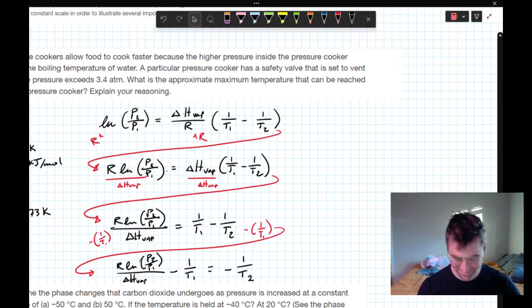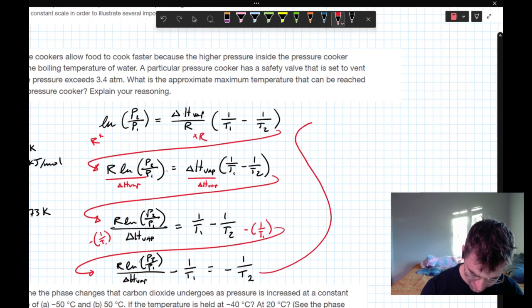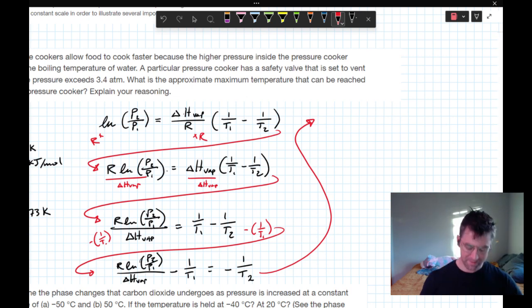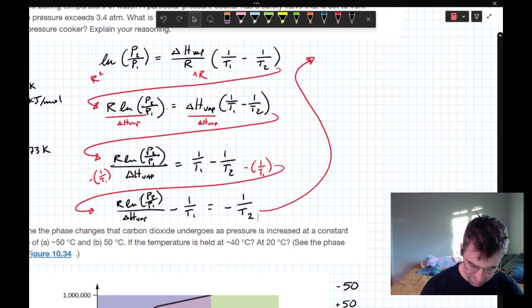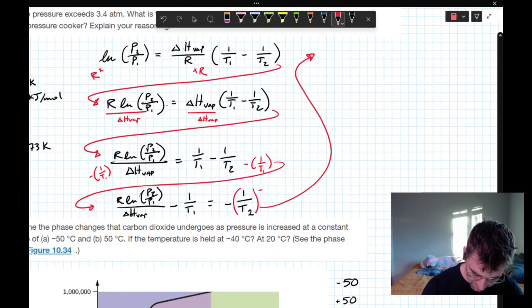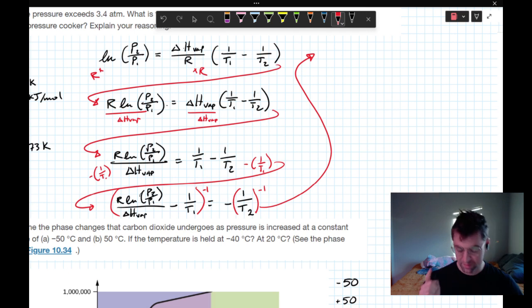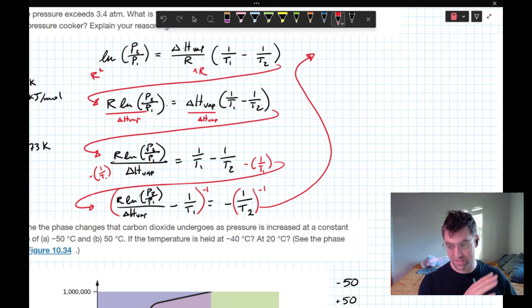We're almost there. To get the reciprocal, we can simply raise each side to the negative 1 exponent. This allows us to just plug in our values here.